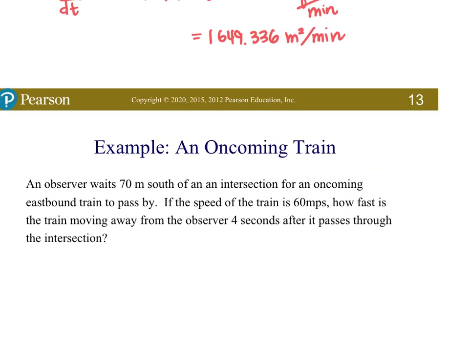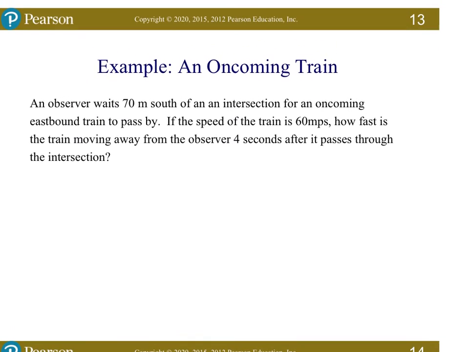Okay, let's take a look at a little bit more of a complex one. We've got a couple moving things going on here. We've got a train passing by someone who is watching. Okay, so let's put our train tracks on here. And we've got the person, so here are my train tracks.